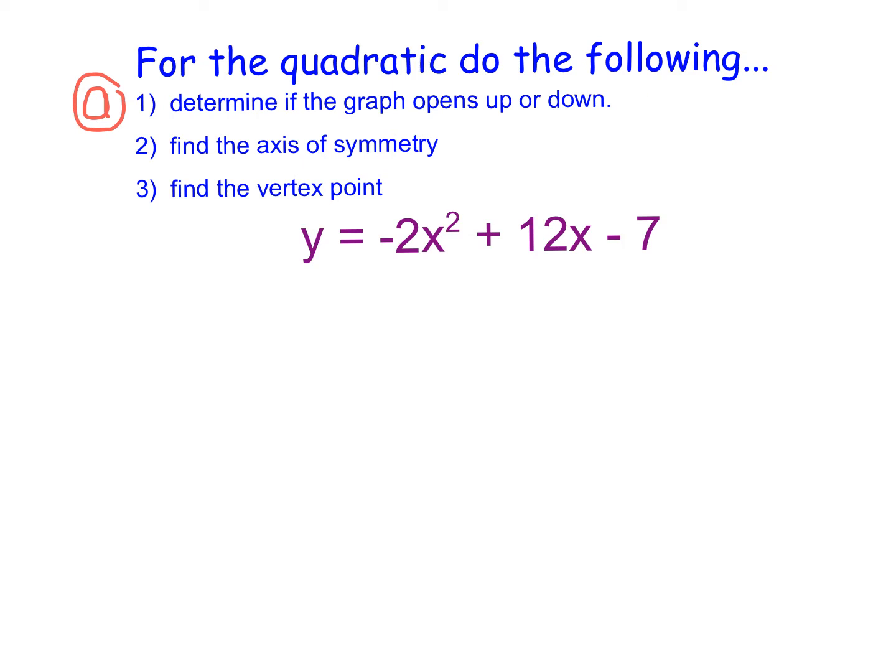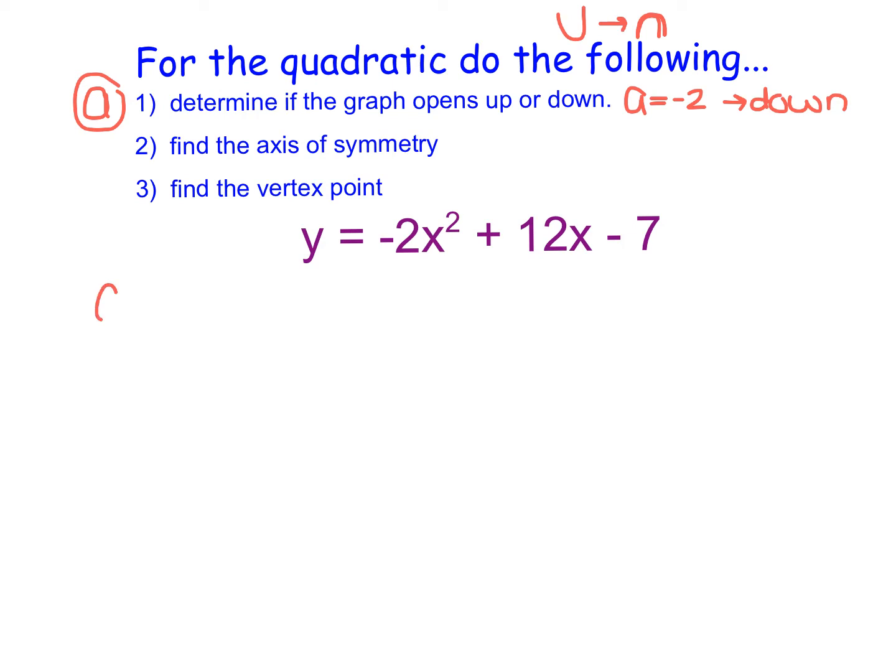So here we can see that a is equal to -2. That a value being equal to -2 flips our graph from the normal U shape to that upside down U shape. So that a being negative flips it so that our graph is going to open down. That's what we would expect to see if we were to graph this on the coordinate plane.